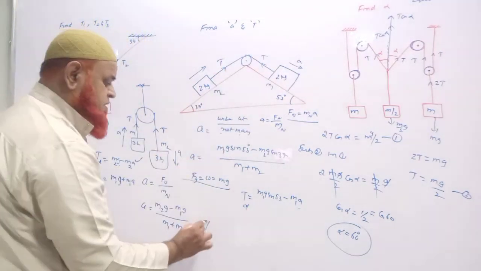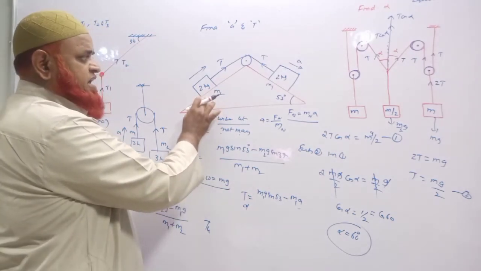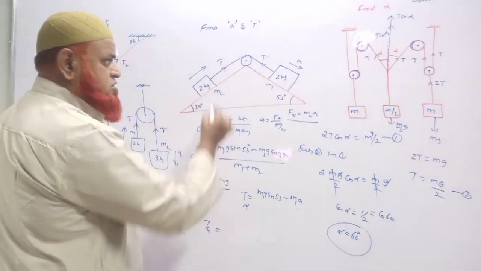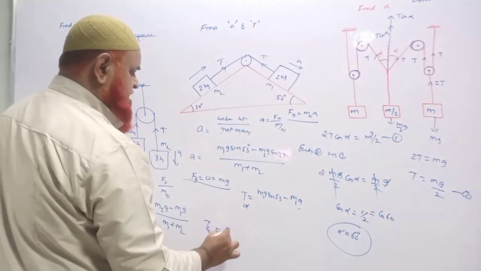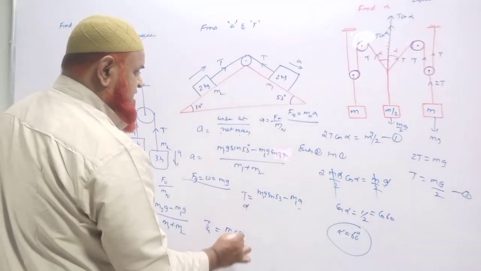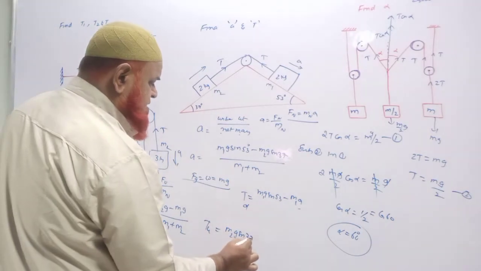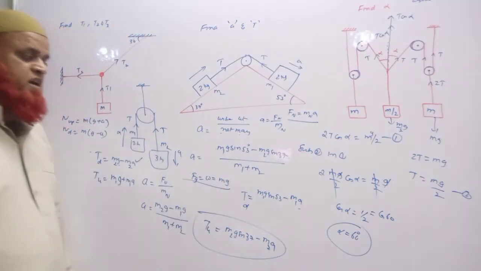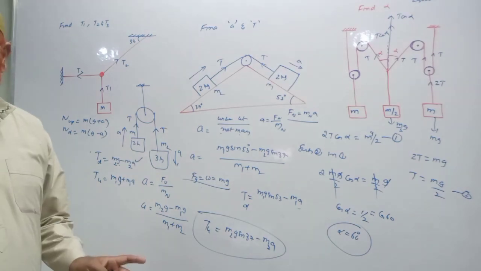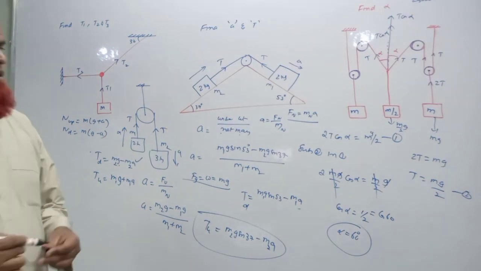If it was up, you can use this one also and find out the tension. Both will give the same answer. If you want, you can check here. So this is going to become m2g sine 37 minus m2 into a. Both the formulas can be applied to find out the tension. Is it clear? Understood? Okay.